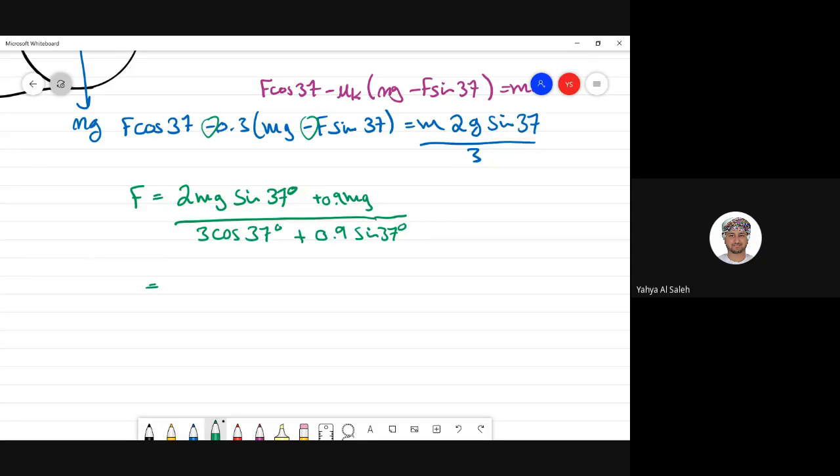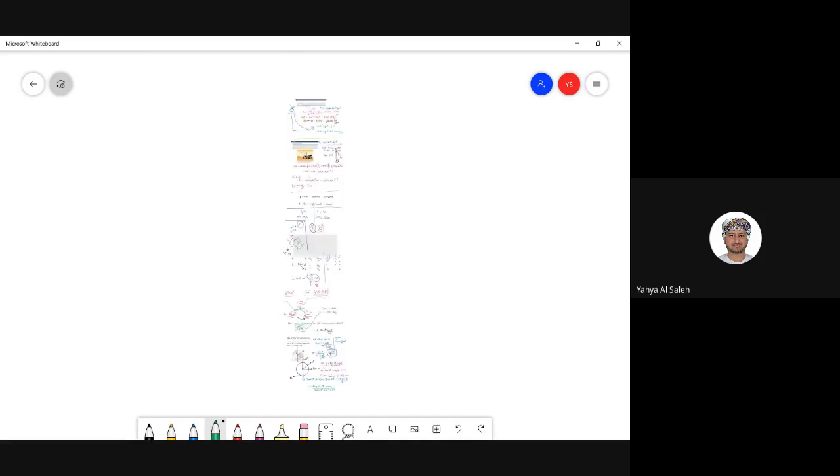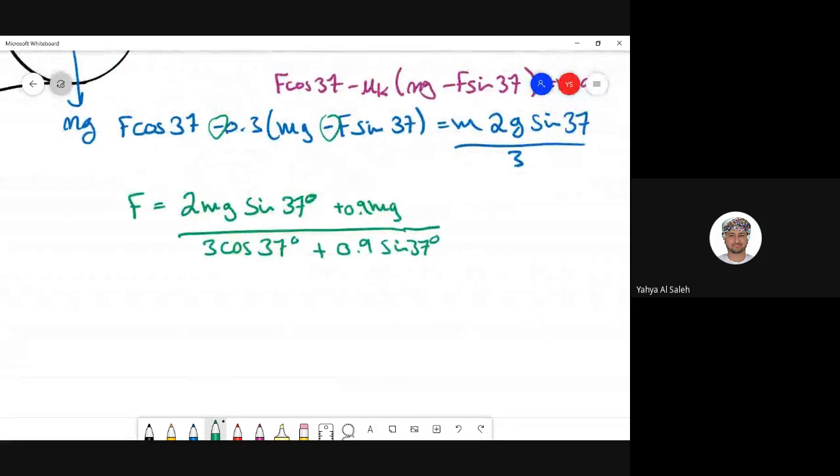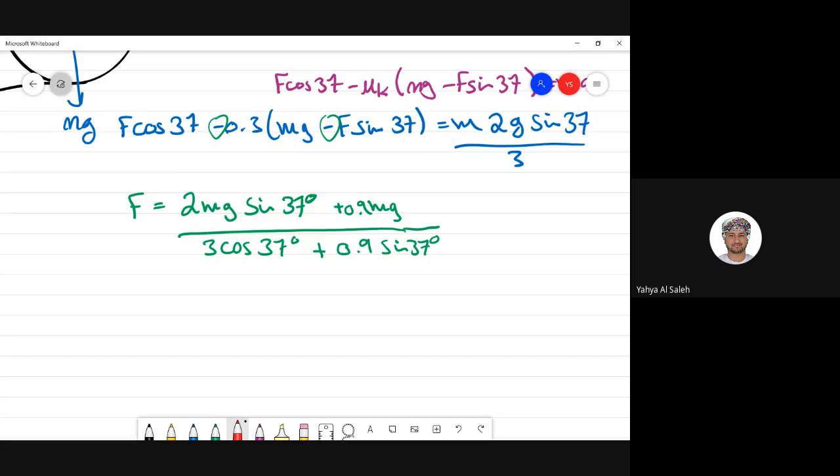Mu k is used because it's already moving. Mu s is only when it's not moving. Fs as in friction force.